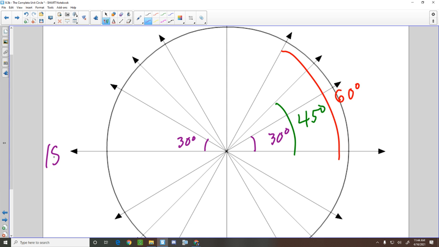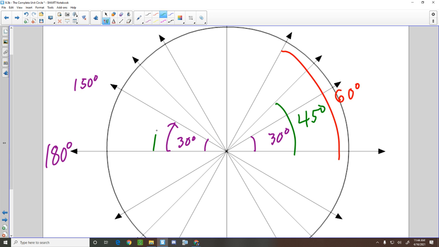And if I know that this is 180 degrees, I can just think, okay, if I start at 180 and I go backwards 30 degrees, what number would I be at? Oh, well, 180 minus 30, that would give me 150, because it has to have the same reference angle. They both got to be 30 degrees away from the x-axis. I can do that for the next one too.